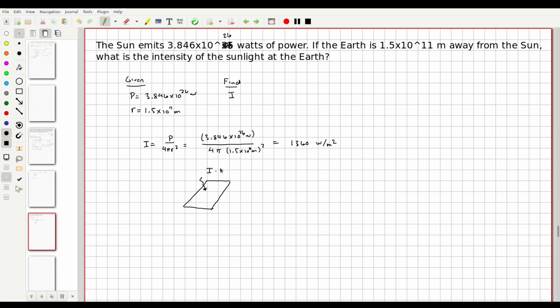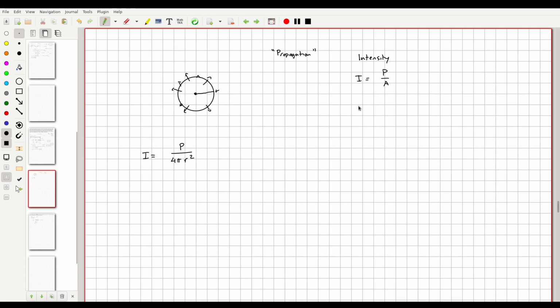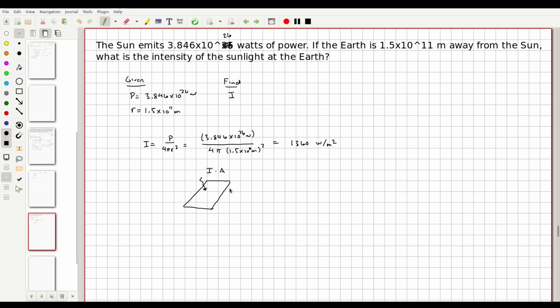It falls over the area. And if you look at this right here, intensity times area is power. So through something called the photoelectric effect, it generates power. And the power we have to put through some sort of inverter and massage it a little bit. It comes out at the end of the day as household electrical power, which is AC current, something we'll be talking about towards the end of the semester.